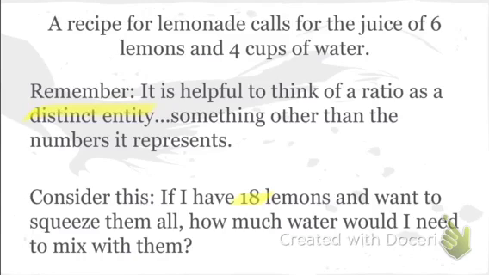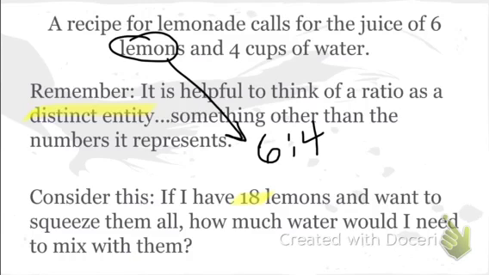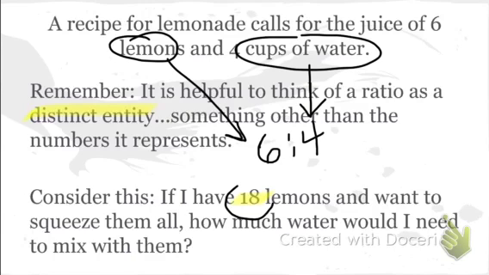I have 18 lemons, I want to use them all. I apply my ratio, and right now I have a ratio of 6 to 4, the 6 being the lemons, and the 4 being the cups of water. Now I have 18 lemons here.